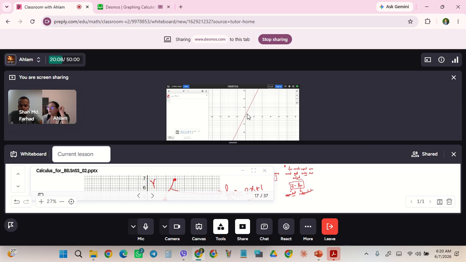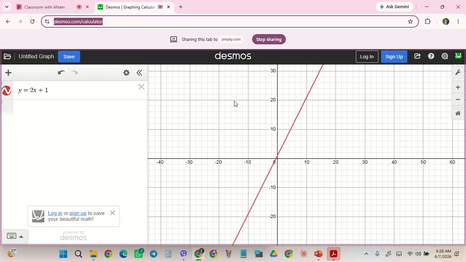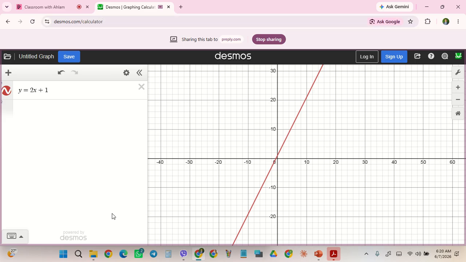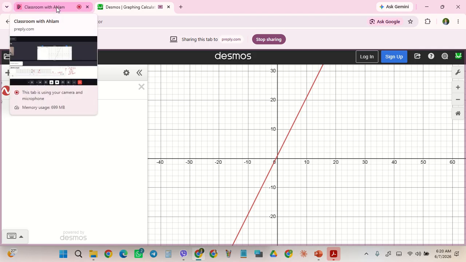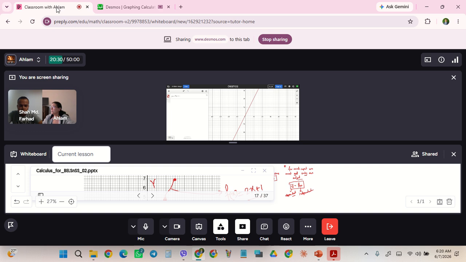So you put the function, and it draws the line automatically. Okay, I have never used this calculator. I will try it later. I have already shared it in the notes materials section.